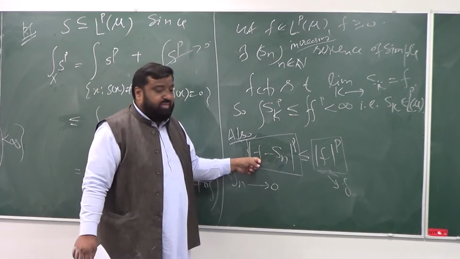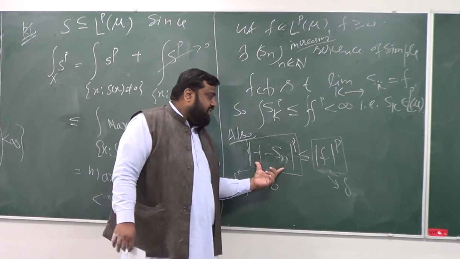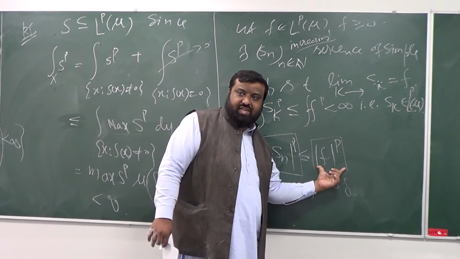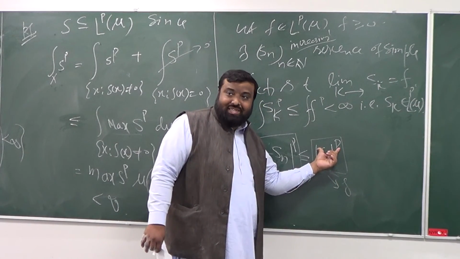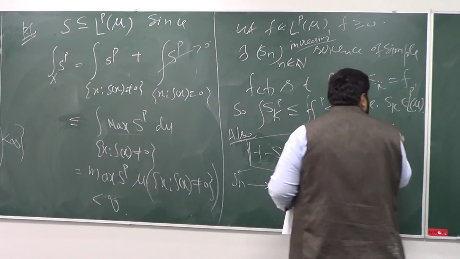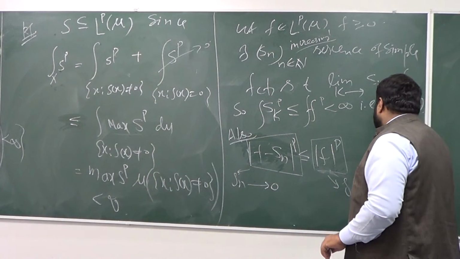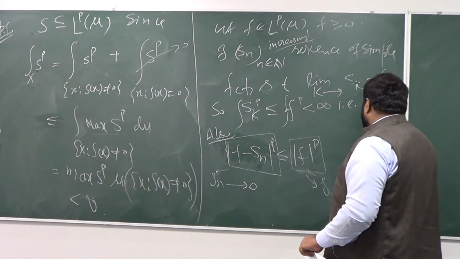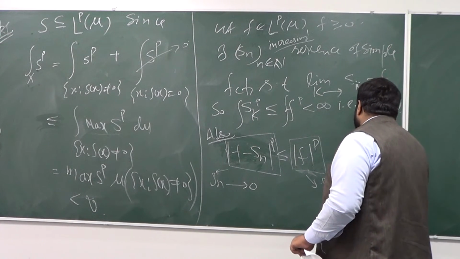So this sequence |f minus s_n|^p is going to converge to 0, and it is bounded by a function. That function is not f, it's f to the power p. And since f is in L^p, this f^p integral is finite.